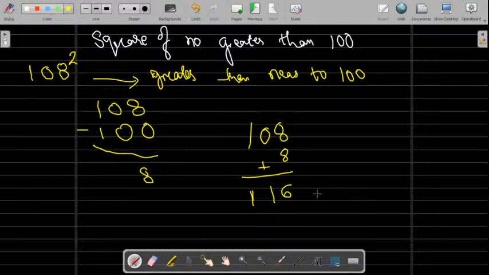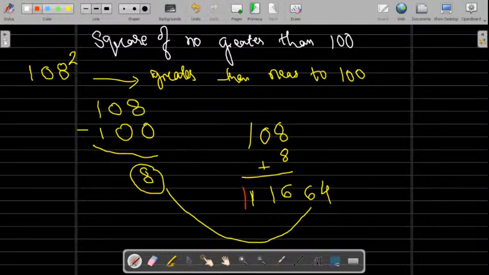And the square of the difference, that is 64. This is the final answer.